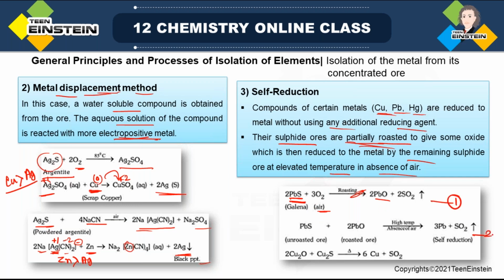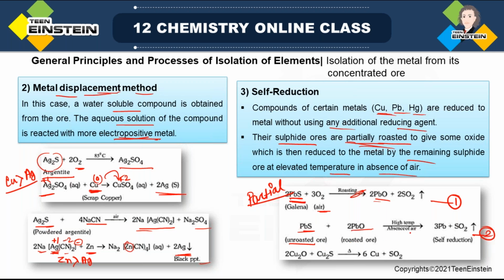In the second step, some amount of PbS, that is unroasted ore, is still present, because the first process is basically partial. We have not done complete roasting, it is partial roasting. So some amount of PbS will be there and some amount of PbO will also be there.